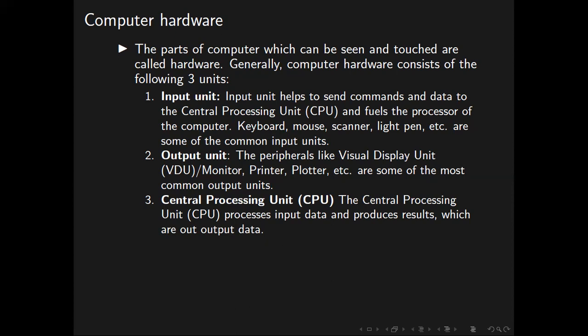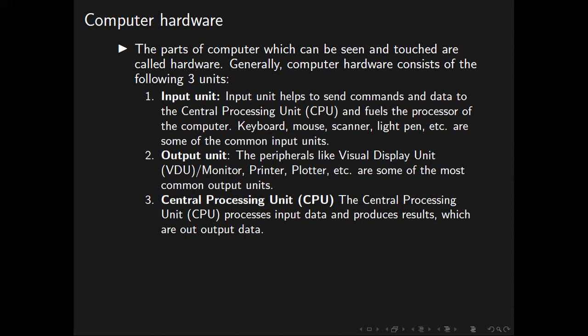Whereas, does anyone know how to touch the life force inside a person? No, it's not possible. It's perceived. Software is perceived. You cannot touch it. Hardware is perceived and can be touched. You can touch hardware.